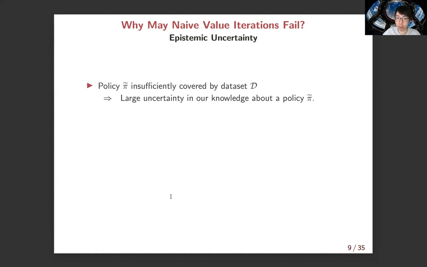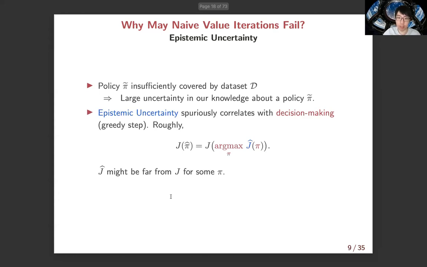So for example, we have large uncertainty in our knowledge about a certain policy, and this policy can sometimes be a very suboptimal policy. And as a result, we observe a notion of so-called spurious correlation. So it means that this pi hat, which we use as our obtained policy, could correlate with those suboptimal arms and with the data.